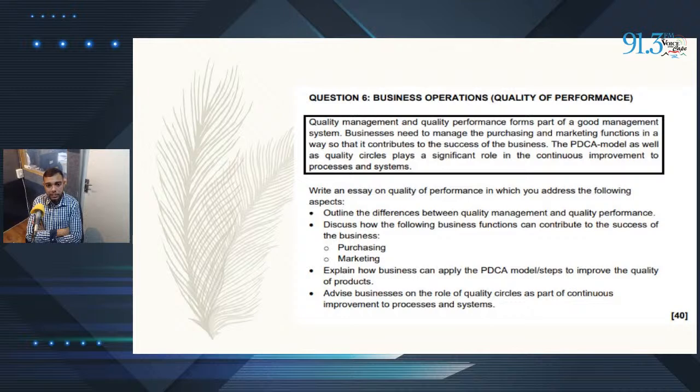Explain how businesses can comply with the PDCA. Remember, PDCA is plan, do, check, and act. Model steps to improve the quality of products. The last one is advise businesses on the role of quality circles as part of continuous improvement to processes and systems.